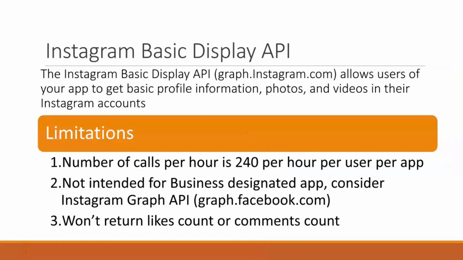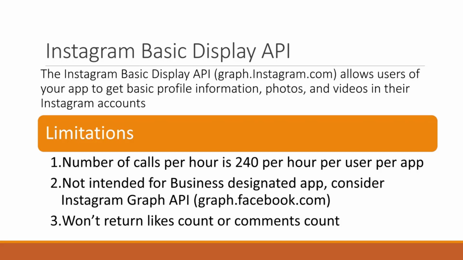So one of the things you need to bear in mind is that the solution is currently using the Instagram Basic Display API, which has the endpoint graph.instagram.com, and as the name implies, it only allows you to do basic functionality like retrieving basic profile information, photos, and videos from the user's Instagram account.